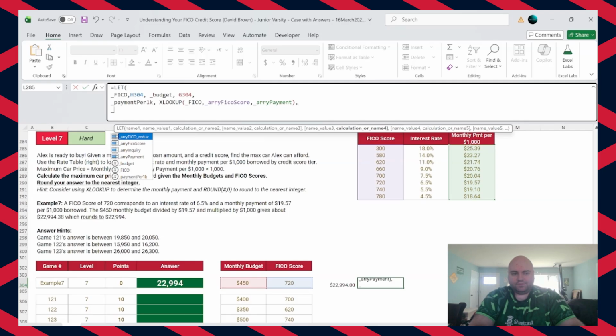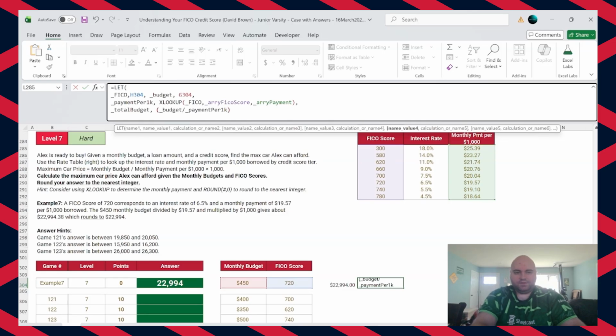Our budget, we'll call it total budget, is our budget divided by payment per 1K.